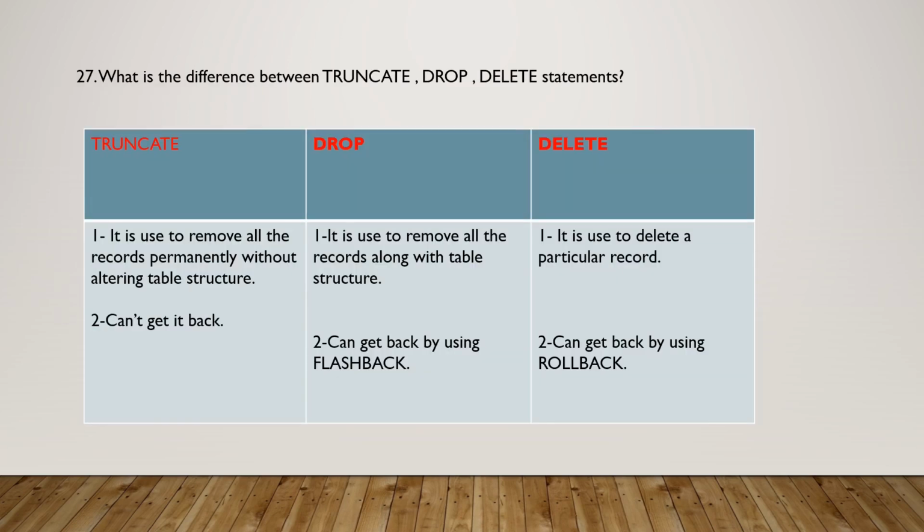What is the difference between truncate, drop, and delete statements? Truncate is used to remove all the records permanently without altering the table structure, whereas drop is used to remove all the records along with the table structure, whereas delete is used to delete a particular record.